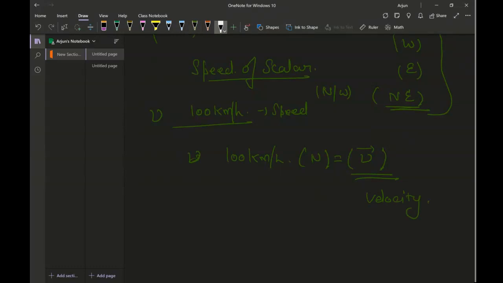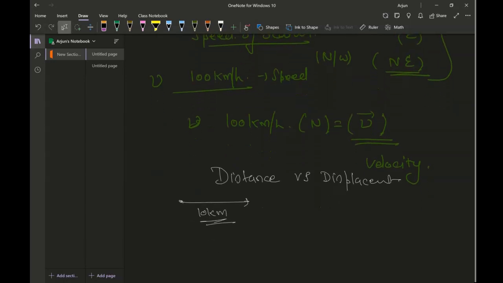Same thing goes with the displacement and the distance. Distance versus displacement. Now, if a person has covered 10 kilometers, that's the distance covered by that person. Again, I'm not specifying in which direction he is covering this distance.